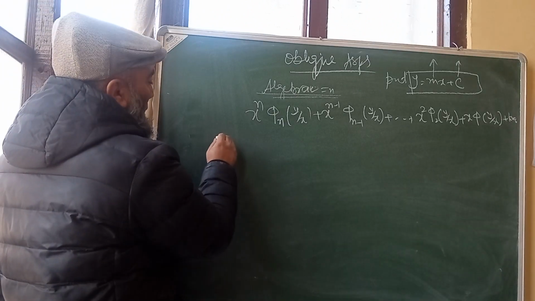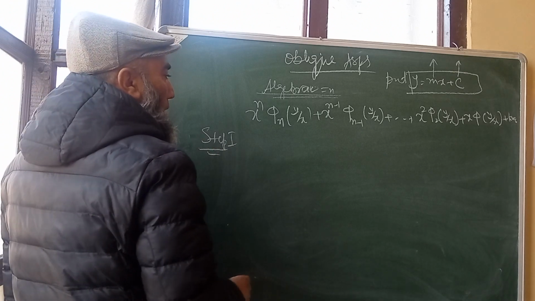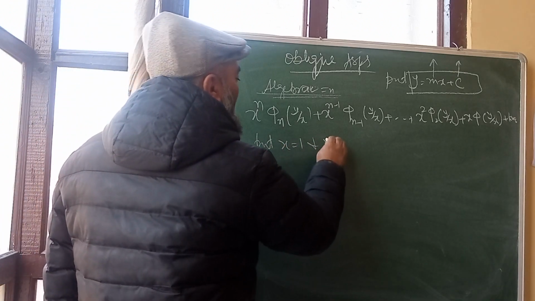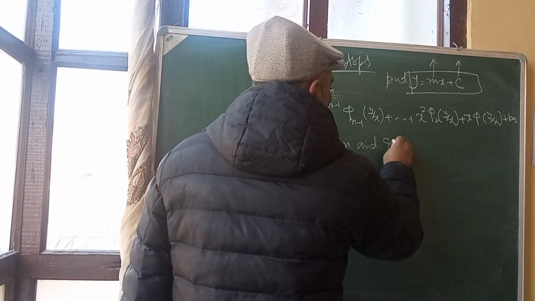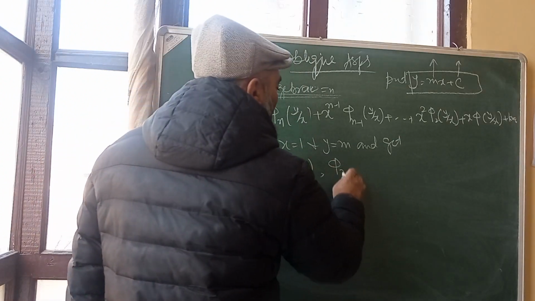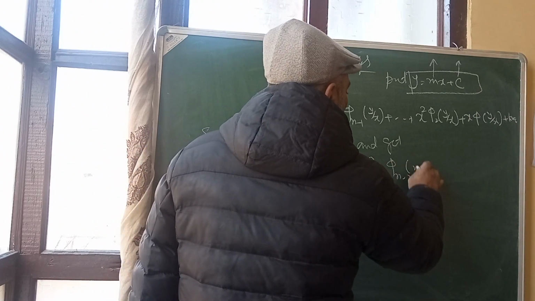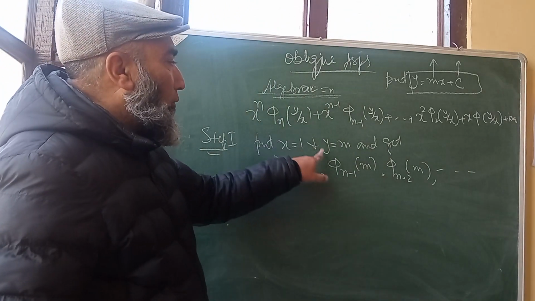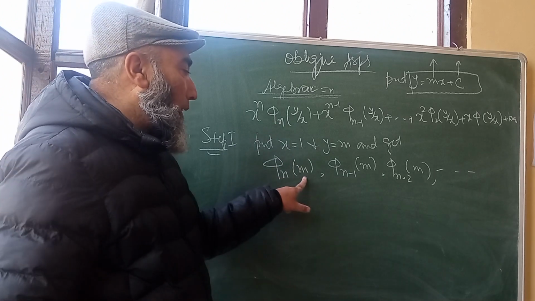Now, what is the rule? Step 1: put x equal to 1 and y equal to m, and get phi n of m, phi n minus 1 of m, phi n minus 2 of m, and so on.